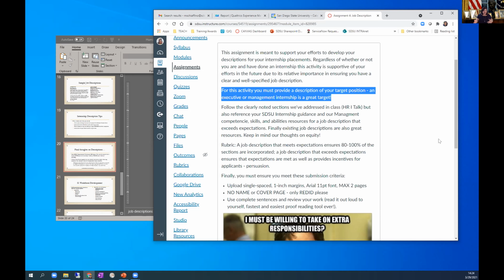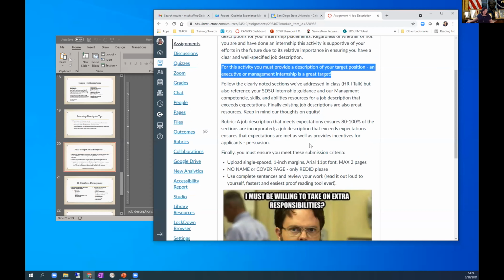If you're a dually and you don't have to, it's still a great opportunity to write a job description. Regardless of whether you have an internship requirement, for those of you that are not just HMP students, this is a critical skill to have for any type of job that you're looking for.